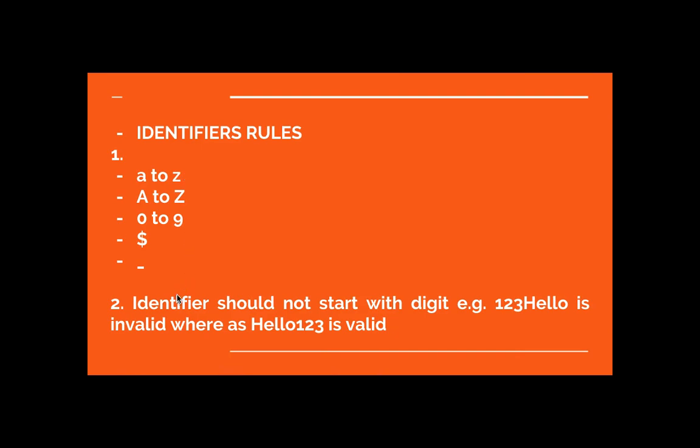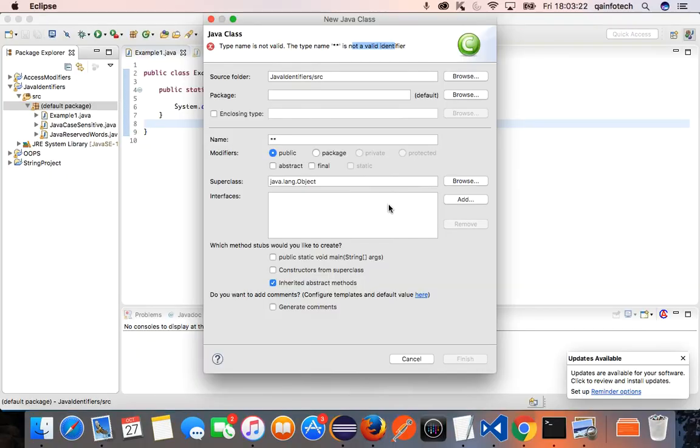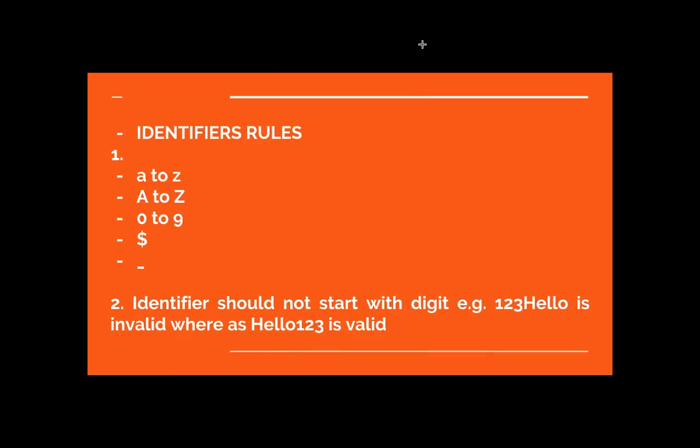Rule number 2 is that an identifier should not start with a digit. Means we cannot start any class name or anything which is an identifier with a digit. For example, here if I start with 123hello, this is not a valid name. It says 123hello is not a valid identifier.